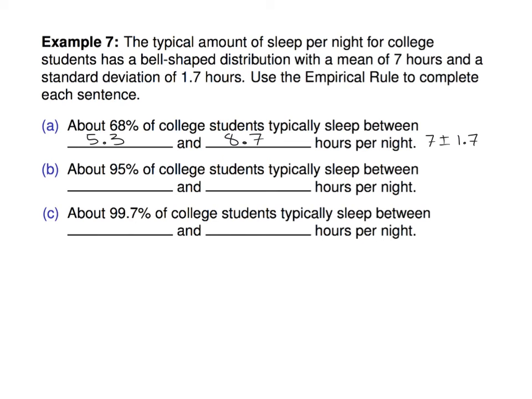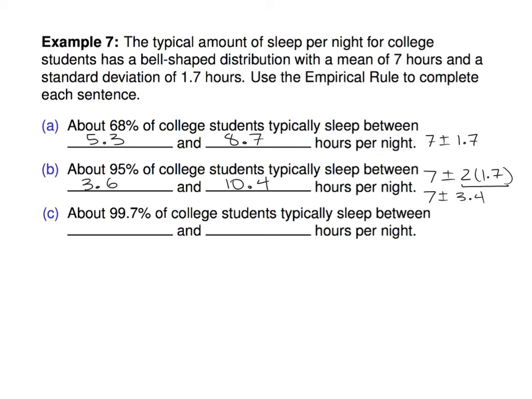95% are going to sleep between blank and blank. That will be plus or minus 2 standard deviations. So 2 times 1.7 is 3.4. So 7 minus 3.4 is 3.6. Those poor students sleeping just 3.6 hours, and those lucky people sleeping 10.4 hours.